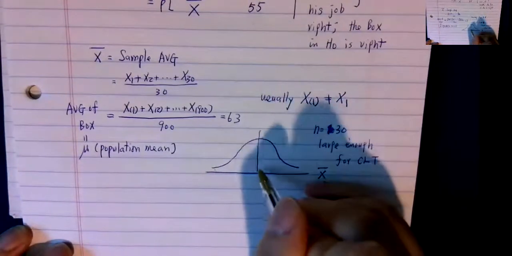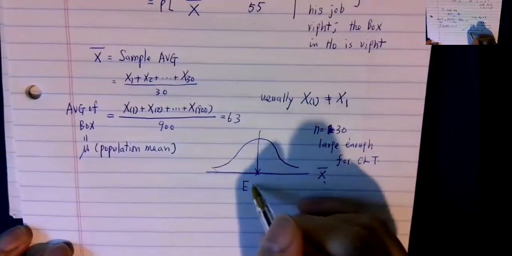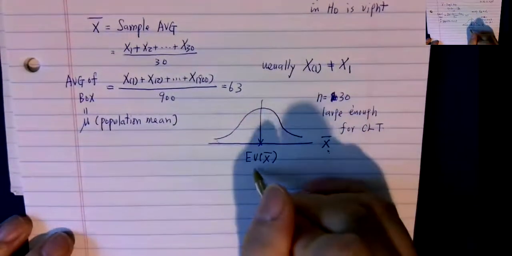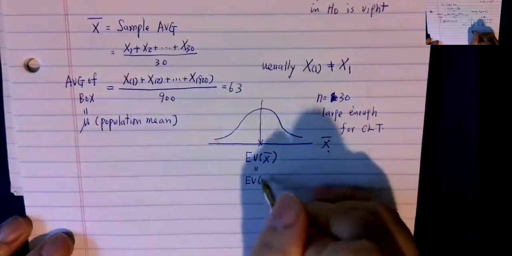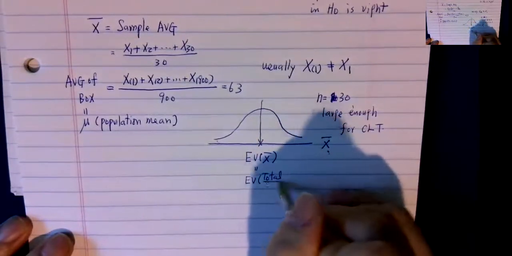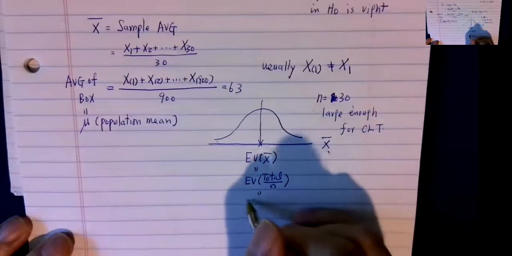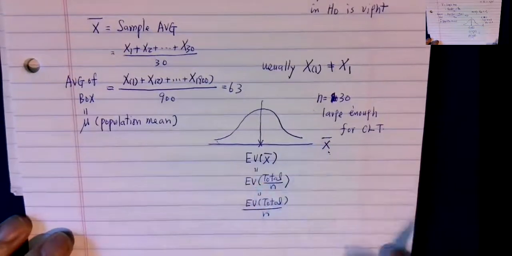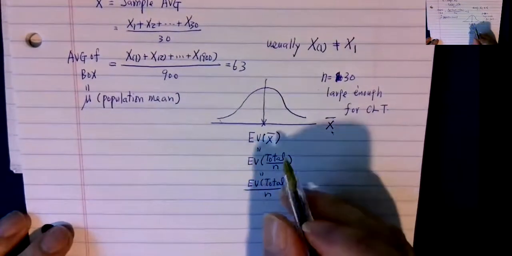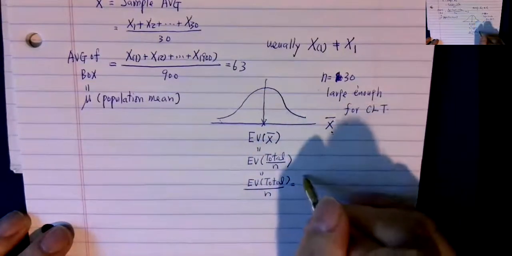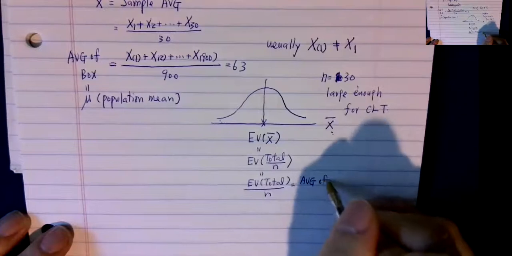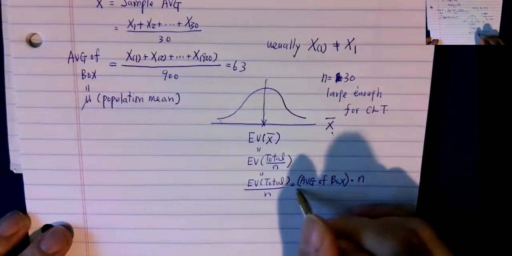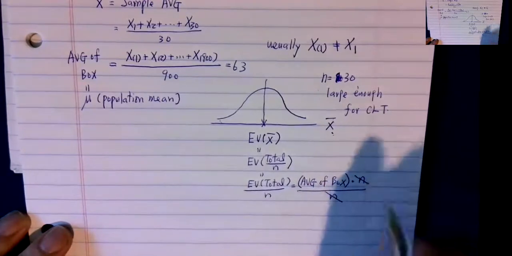And the center of the normal distribution is called EV what? EV of X bar. Okay? Let's see what EV of X bar is. EV of X bar is EV of sample total divided by N. And that's EV total divided by N. But EV total is average of the box times N, number of draws, and this is N. So N cancels.